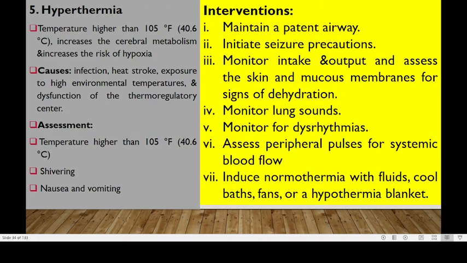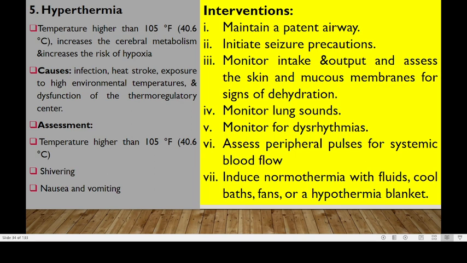Okay? All right. So hyperthermia is the other disorder, and it is classified when the patient presents with a temperature of more than 40.0 degrees Celsius. Okay, hyperthermia increases cerebral metabolism, and it also increases the risk of hypoxia.